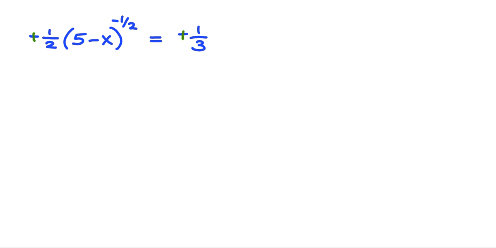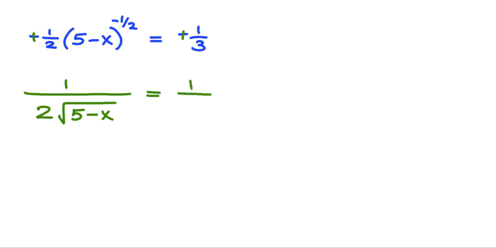And I'm going to rewrite this as 1/2, and then the 5 minus x will be down here as a square root. So it's the square root of 5 minus x in the denominator. That takes care of the -1/2 power. 1/3 come on down. When we cross multiply, you can see that we just get 2 square root of 5 minus x equal to 3 times 1.